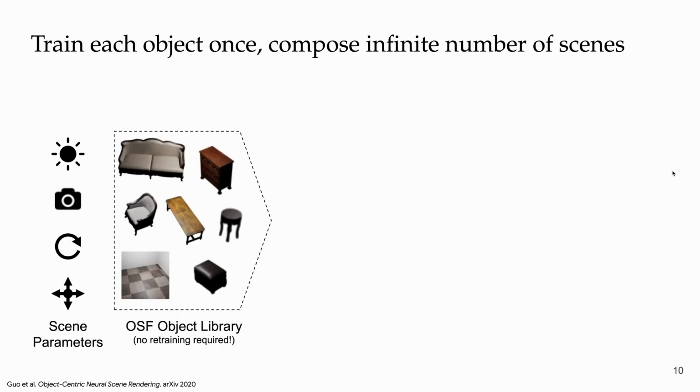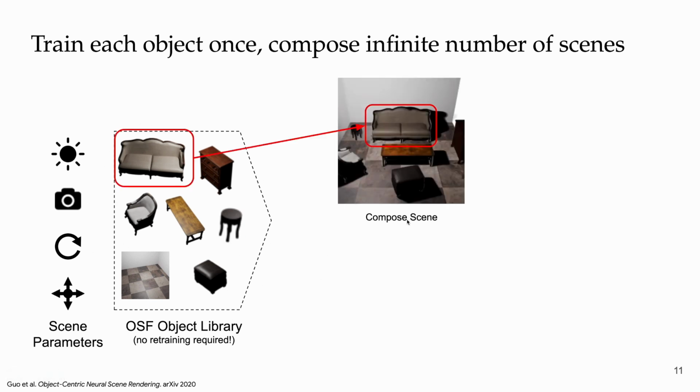The idea of this work is that given some scene parameters, any scene parameters of lighting, camera, and the rotation and translation parameters of each object, and given a pre-trained library of objects, we want to be able to compose different scenes using our library of objects.